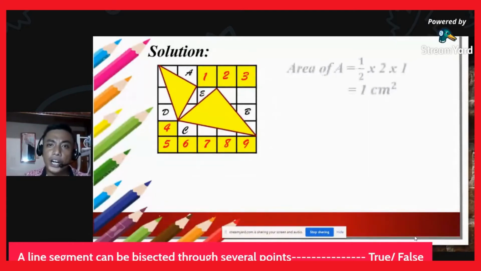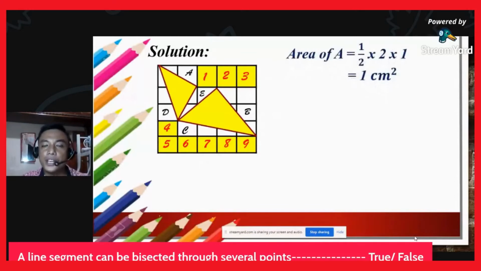Therefore, the area of A is equal to 1/2 times 2 times 1. If you simplify it, you can derive 1 square centimeter as the area of triangle A. How about the area of triangle B?